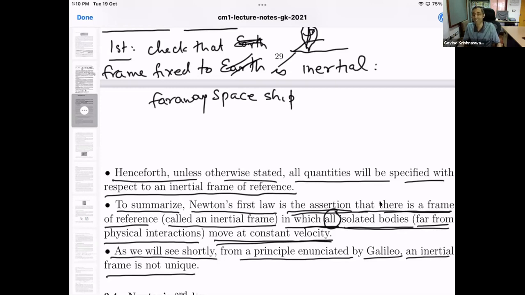looking for isolation. There are ways of measuring how far away you are, but I agree with you that this is a somewhat imprecise concept. It is an idealized concept.